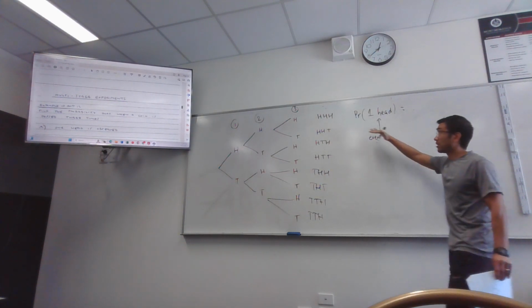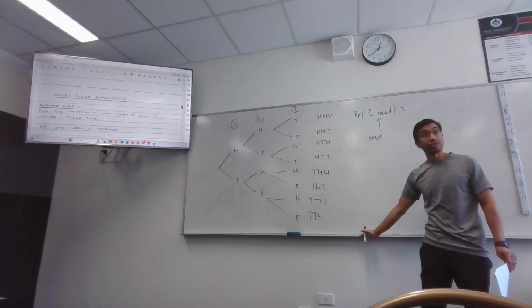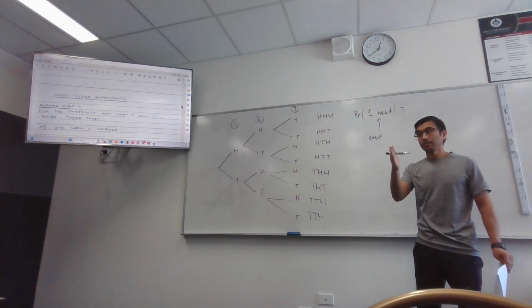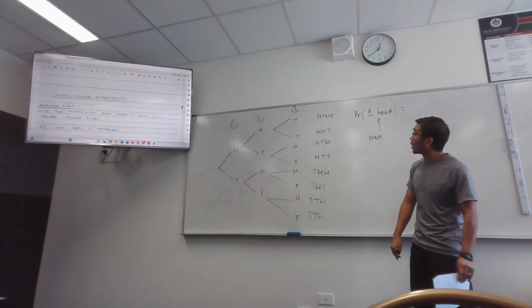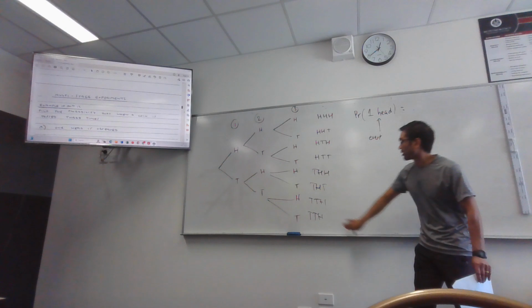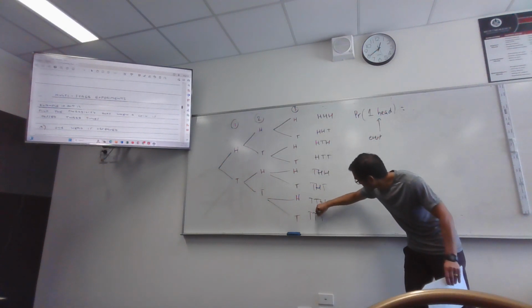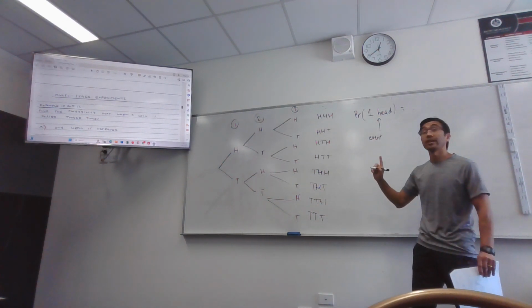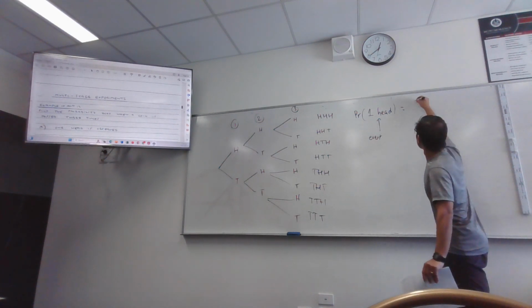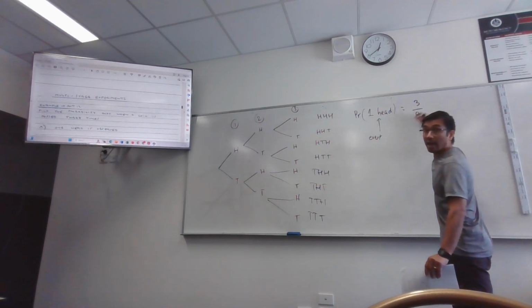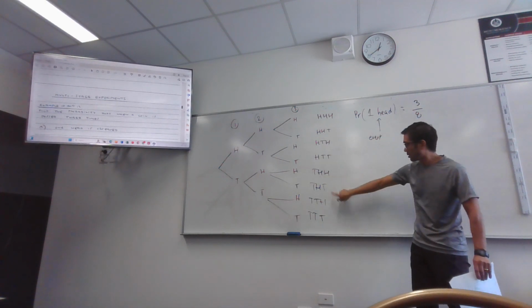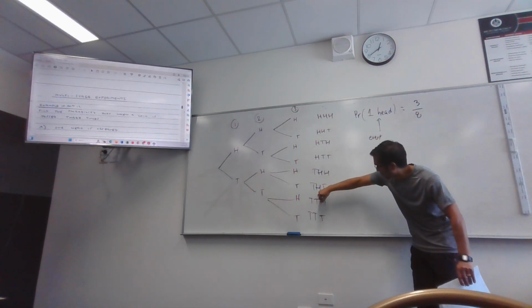How many times out of these total combinations can we get one head? Why does it say TT? Oh, sorry. Thank you. TTT. One head only. All right, there's 3 out of the 8 options. As I say, look, it's 1, 2, and 3.